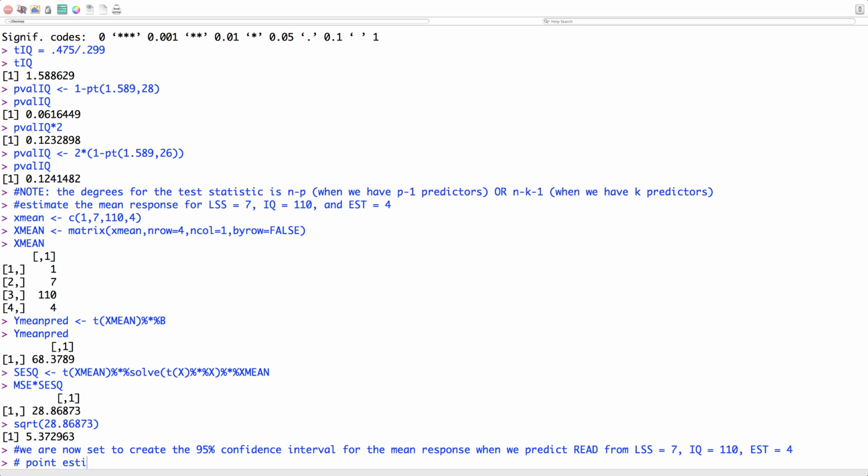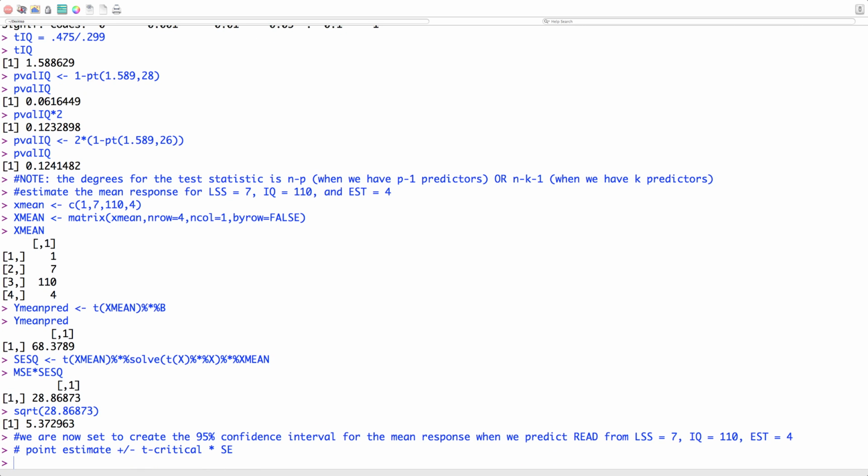We take our point estimate plus minus our T critical times our standard error. So we've got our point estimate. That's going to be the mean response, which we found to be 68.3789. We've got the standard error, but we now need to find our T critical.